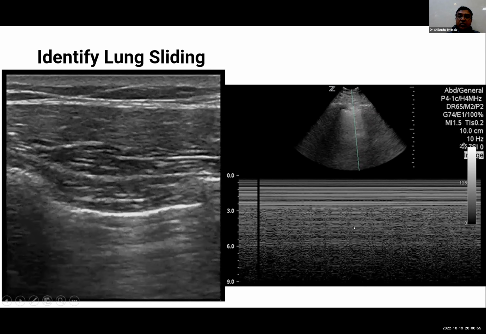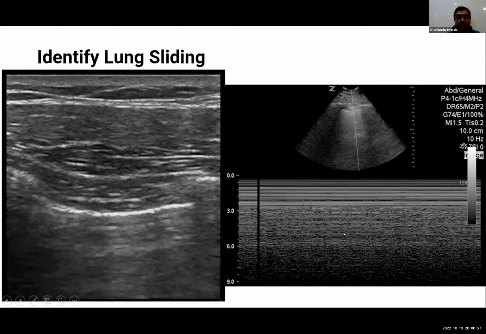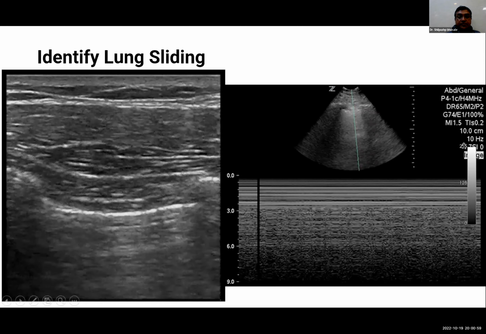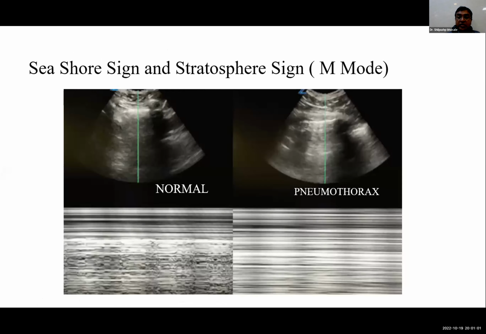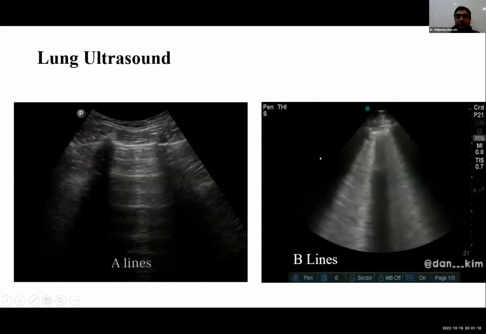This is called the seashore sign, and this is normal. If there is pneumothorax, the whole thing is immobile and it will look like a barcode sign, in contrast to the seashore sign. So this suggests that there is a possibility of a pneumothorax.